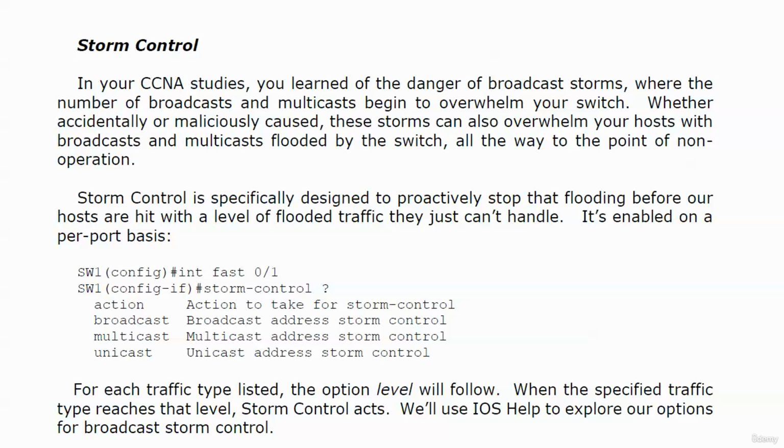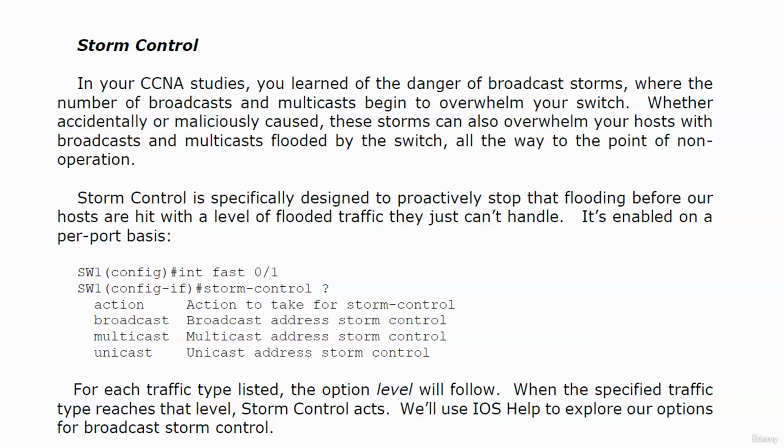Now, whether this is accidentally or maliciously caused, what we tend to forget with the broadcast storm is that not only can they overwhelm the switch, they'll overwhelm the host connected to the switch. Because what's the switch doing with all these broadcasts, multicasts, and unknown unicasts? They're flooding that stuff out.